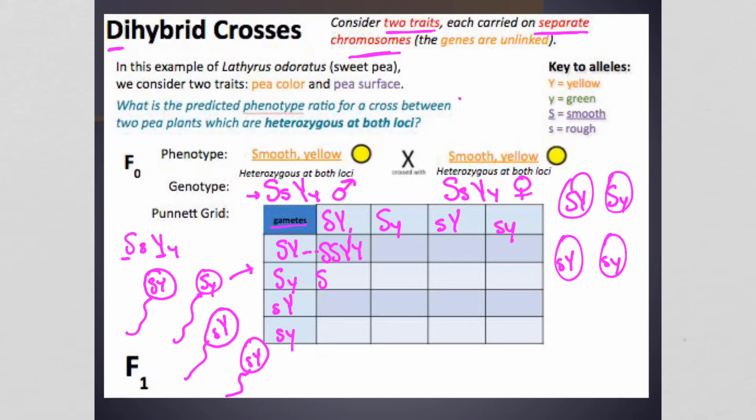So we're going to have big S, big Y, big S, little s, big Y, big S, little s, big Y, little y. And then next column, big S, big Y, little y, big S, little y. Anyway, you get the idea. So I'll just continue to work through these.